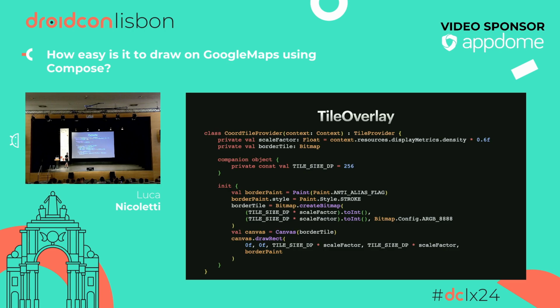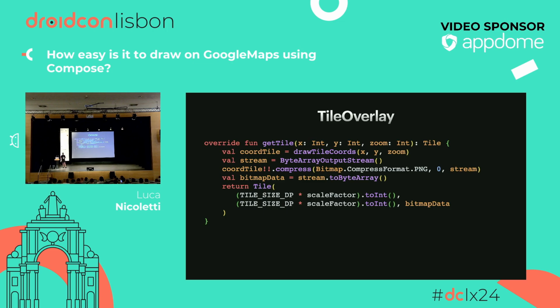This can be found, I guess, in the Maps Compose library as an example. It basically creates a canvas and writes on the canvas the X and Y position with the zoom level, and also draws the square containing the data.